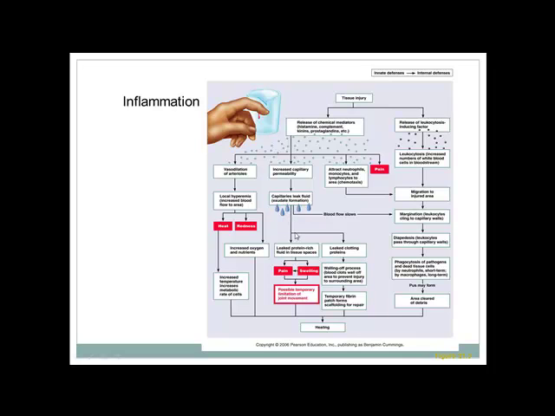Also, with the increased capillaries leaking fluid, you'll have proteins, and those are going to help to wall off and form a clot and form a temporary fibrin patch. So if there's any microorganisms in the area, we can get rid of them and once again promote healing. We'll attract neutrophils via positive chemotaxis to the area, and that'll cause margination. I'm going to start up here before we go down there.